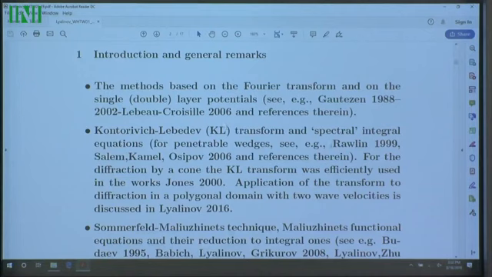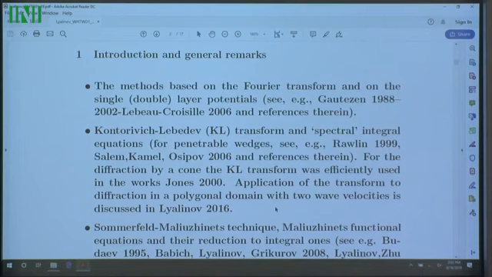In this case, you can mention, for example, works of Rollins and Jones. They considered penetrable wedges or penetrable cones by means of Kontorovich-Lebedev. Also, I would like to mention our recent paper, which is devoted to double wedge or shifted wedges. For example, here we have one wave speed, and here we have another wave speed, which is separated by this ray.